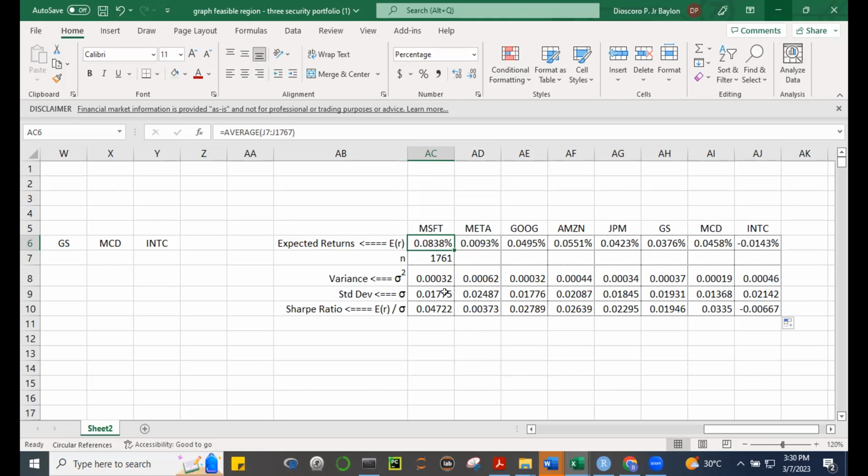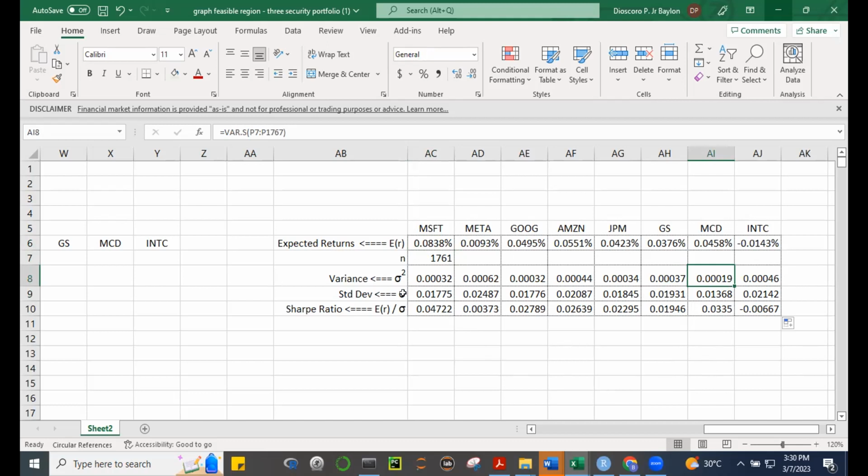Okay, as far as the variance is concerned, we can see here 0.006. I think it's McDonald's, the least volatile.